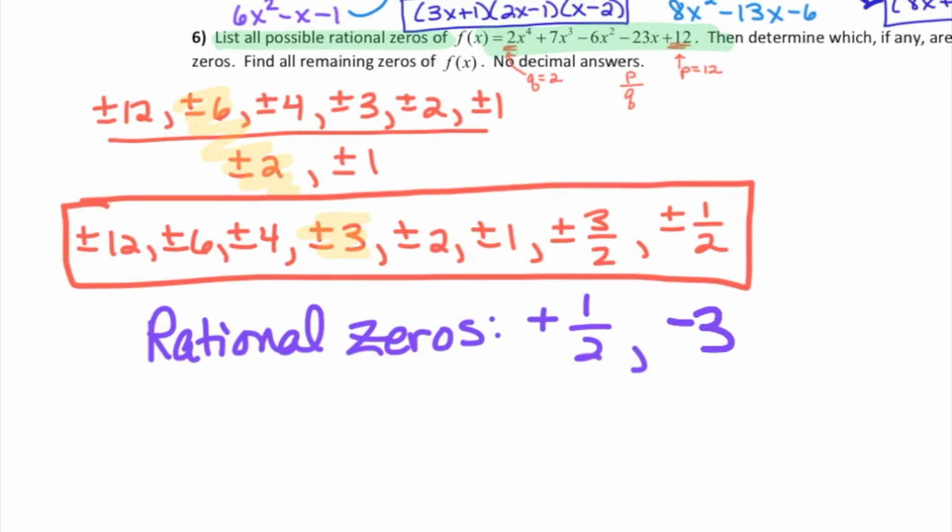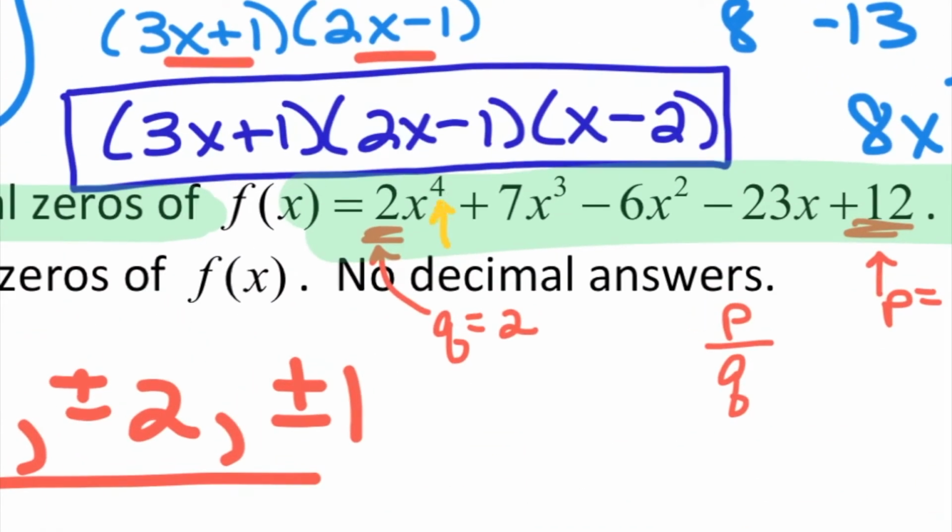But you also see, when you look at the graph, it has negative 3 and 1/2, and please don't write 0.5, as rational zeros, but it's also got two irrational x-intercepts, and you can tell that when you click on the graph that you see a decimal answer that doesn't repeat or terminate. And so what you're going to want to do is divide by both the positive 1/2 and the negative 3.